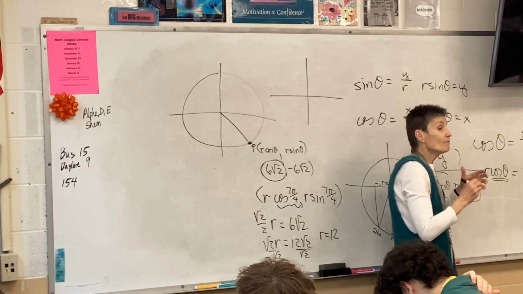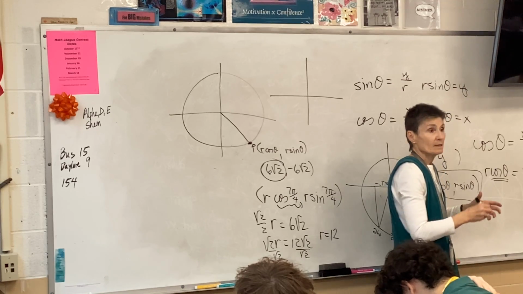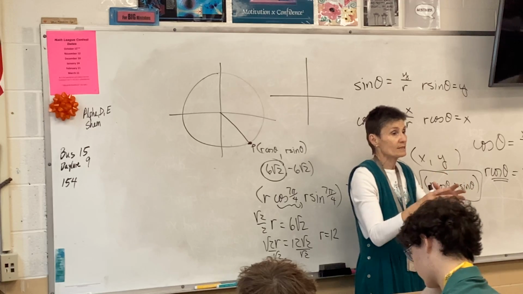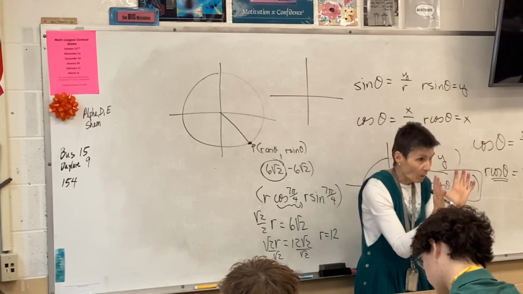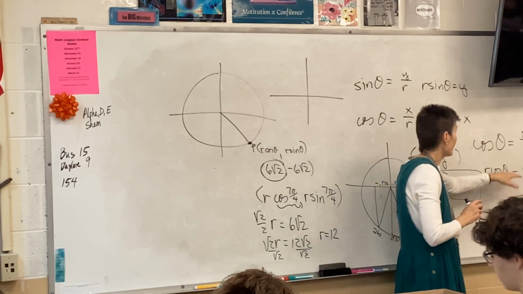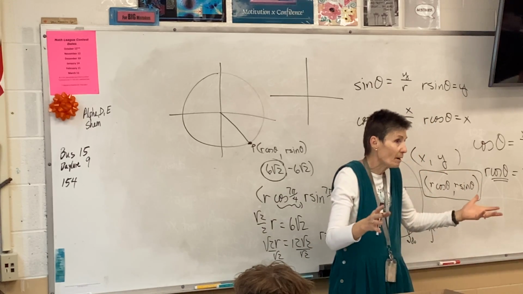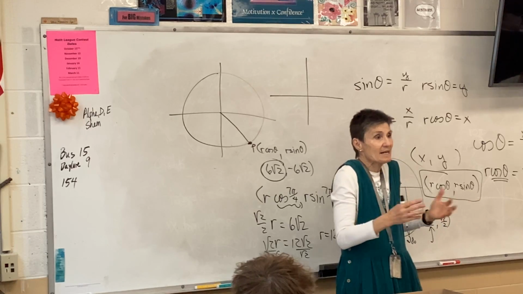If I put it in a circle with a radius of 12, then the x and the y are still going to represent sine and cosine, and they're still going to be root 2 over 2 for the x and y individually, not times the radius. If you type in on your calculator cosine 45 or cosine pi over 4, it doesn't care what size the circle is, that's irrelevant.